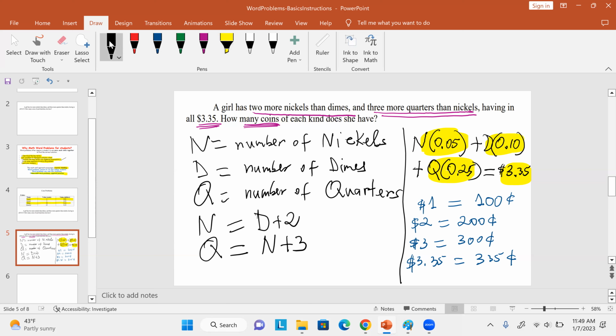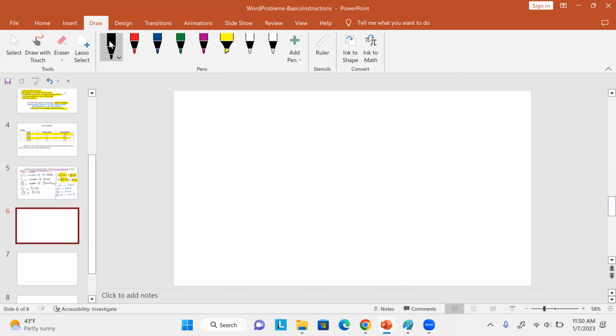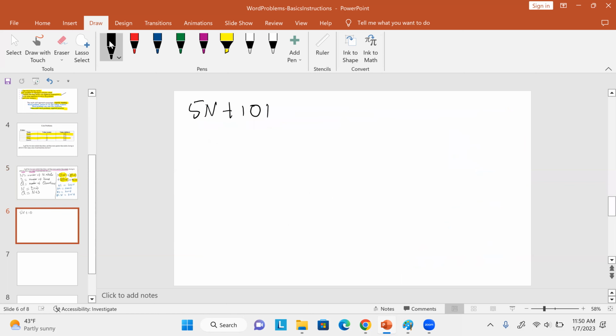Therefore, we're going to have 5n plus 10d plus 25q equals 335.